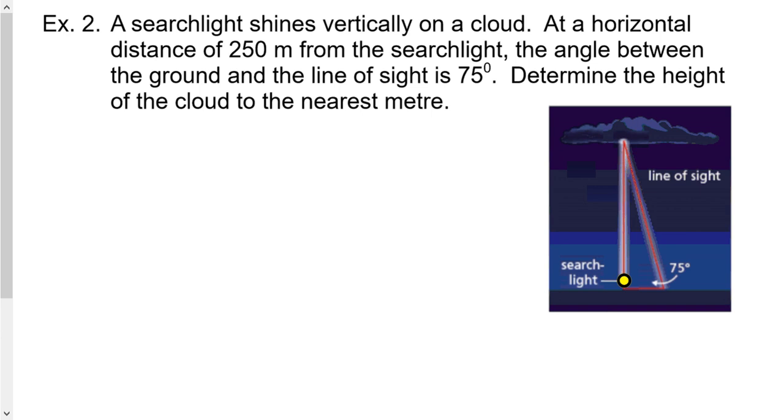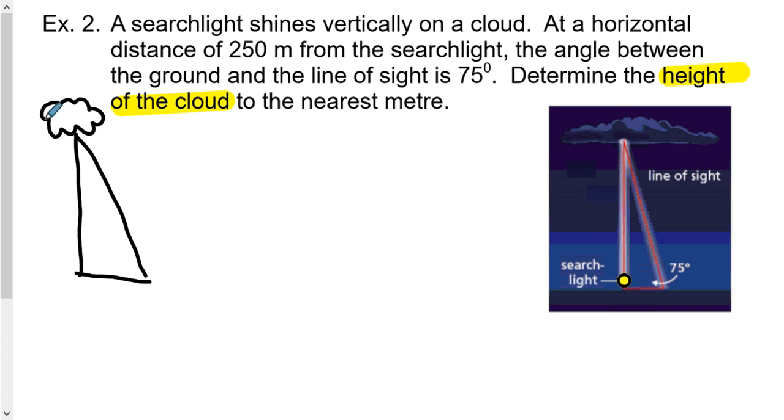So we have our triangle here. Again, we can draw it out again if we want. So we have our searchlight, right, which is what they're trying to find. Determine the height of the cloud. So when we say height, we mean vertical distance off the ground. And so our cloud's up here. And so this is our unknown, right? Our height from the ground. This is what we're trying to find. That can be the trickiest part in a lot of these, is figuring out, what am I doing? Which of these sides or angles am I actually looking for?